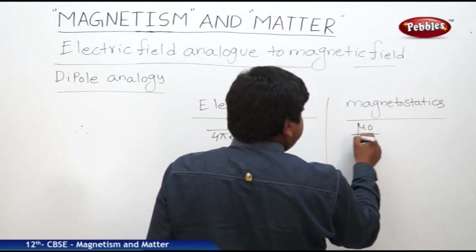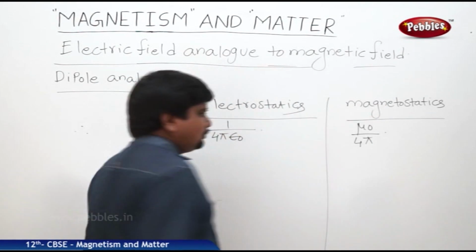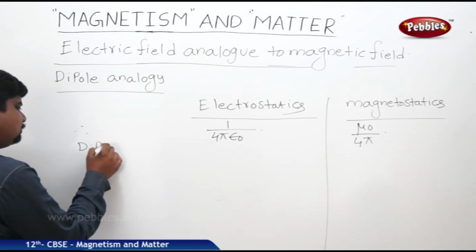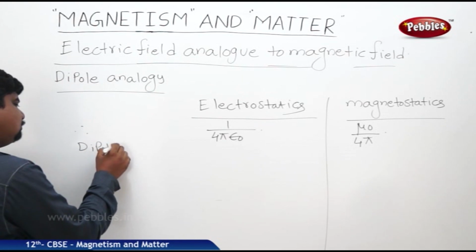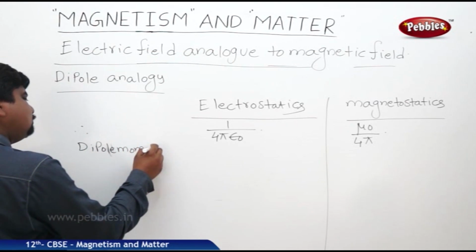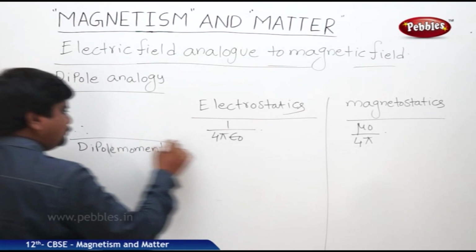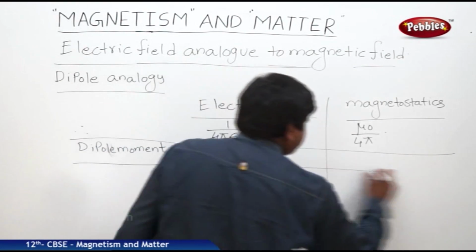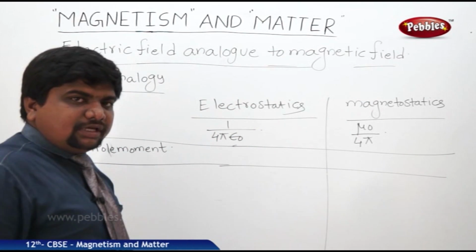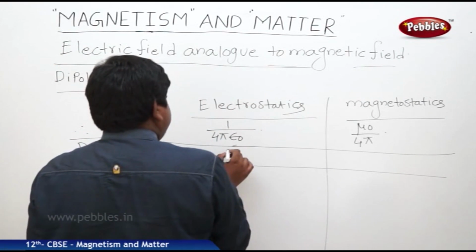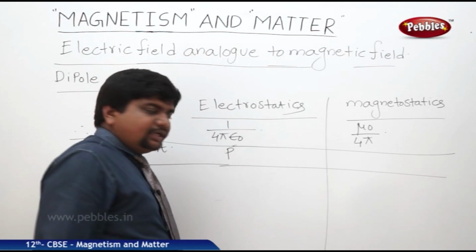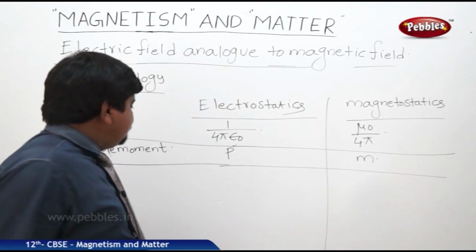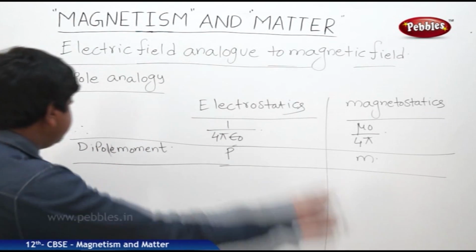Magnetostatics, mu naught by 4 pi. First point, dipole moment. In electrostatics it is represented by P. In magnetostatics it is represented by M, the magnetic dipole moment.